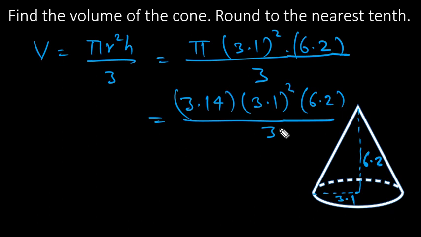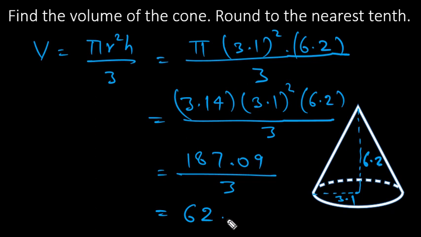3.14 multiply 3.1 multiply 3.1 multiply 6.2. This is giving us 187.09, divide 3. That will give you 62.36, but it is asking for the nearest tenth.